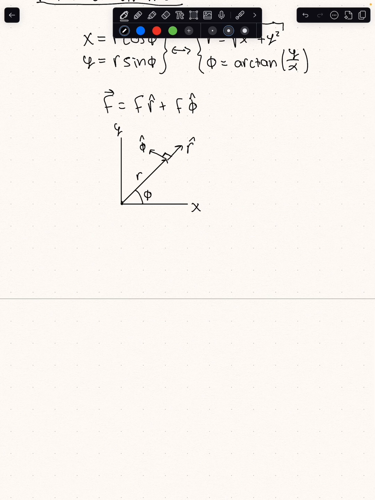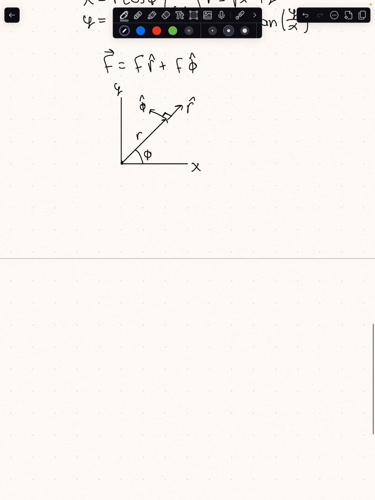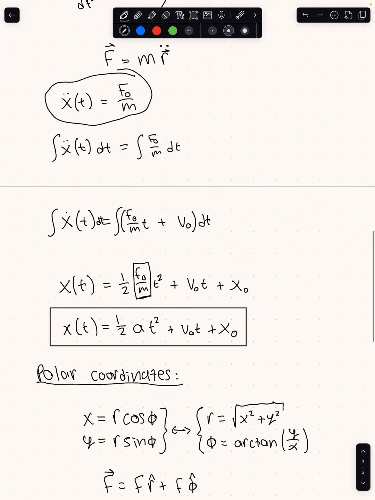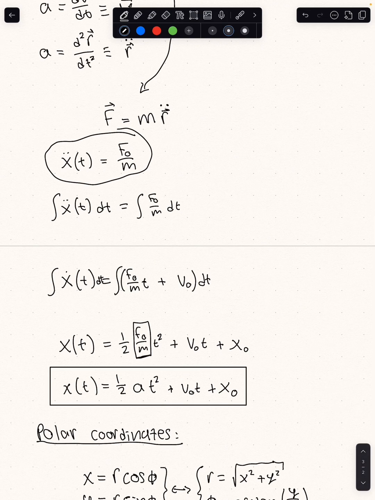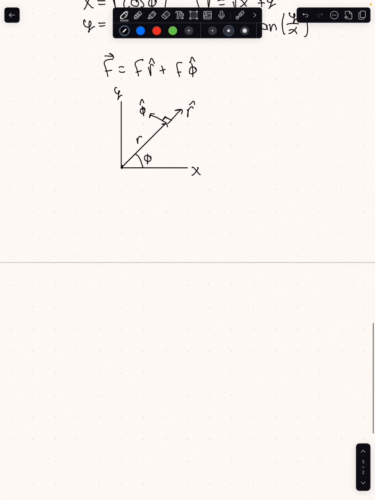Cool. So now we should be finding, where before we were finding r double dot as the acceleration, we should be doing the same here.